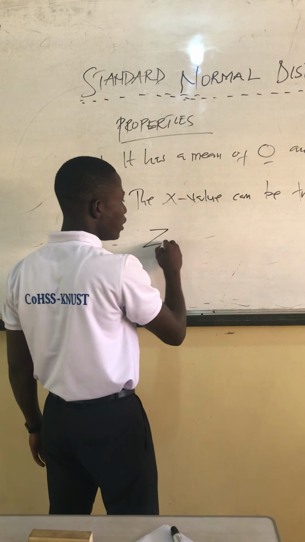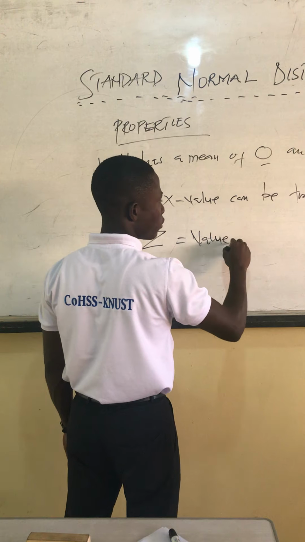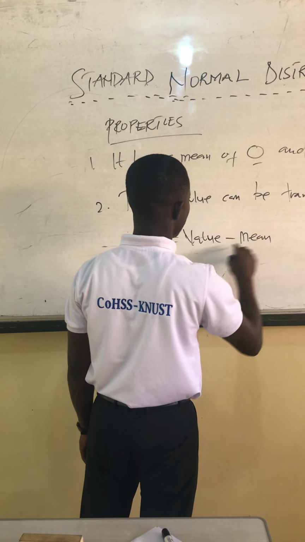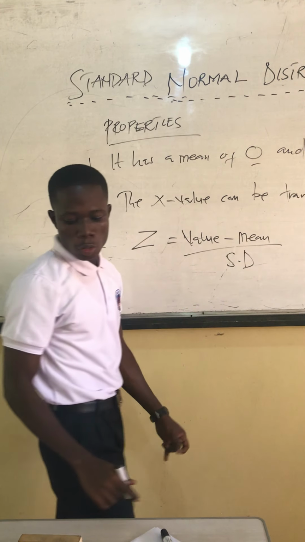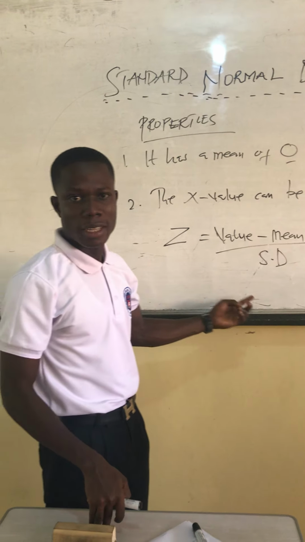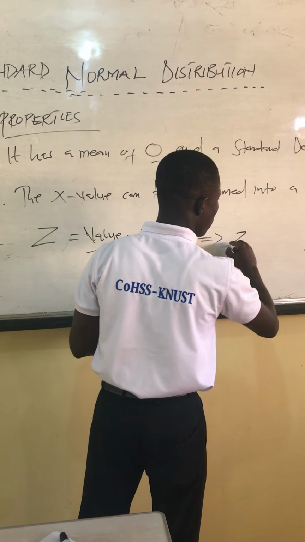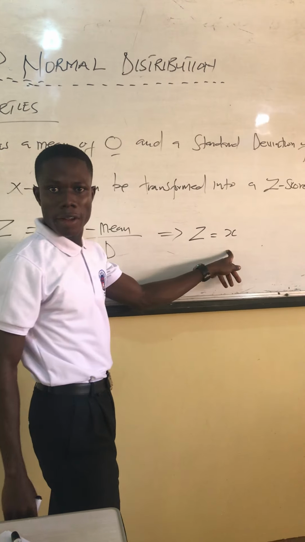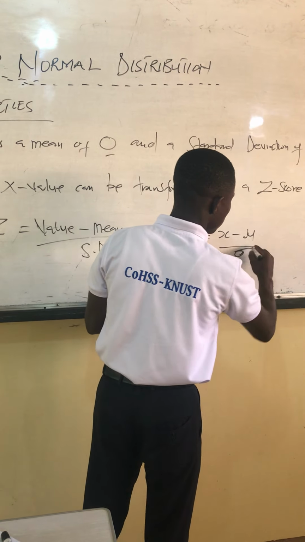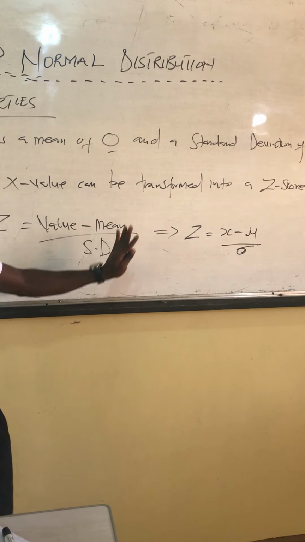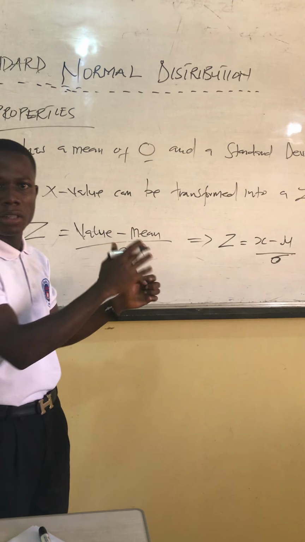The formula for a z-score is: z is equal to the value minus the mean, over the standard deviation. Mathematically it can be written as z is equal to x, representing the value, minus mu, representing the mean, over the standard deviation.